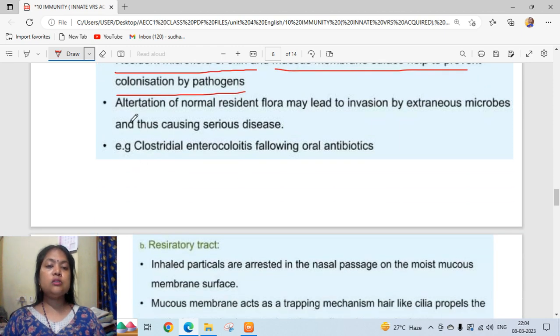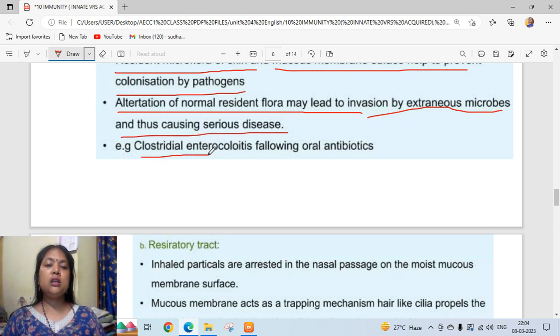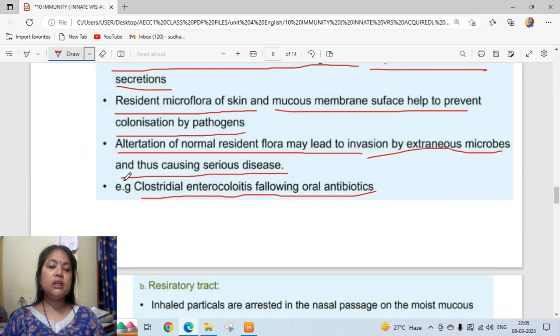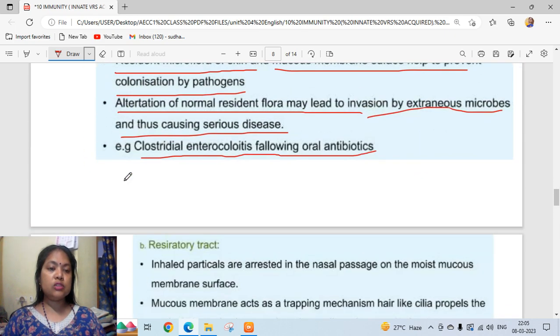Alteration of the normal resident flora may lead to invasion by extraneous microbes and thus cause serious disease, for example Clostridial enterocolitis following oral antibiotics.